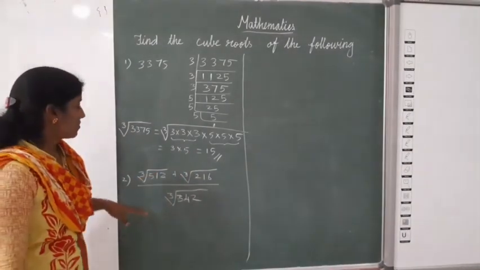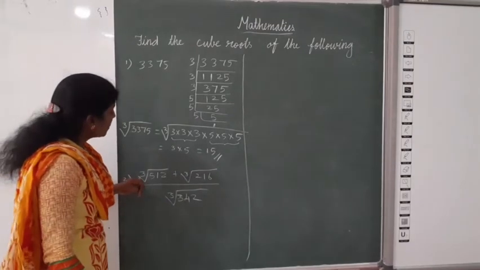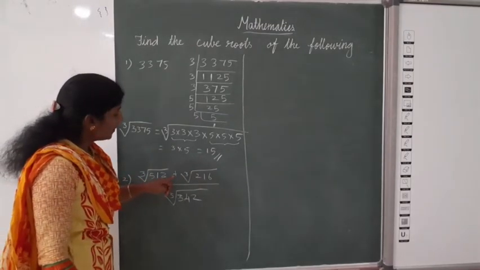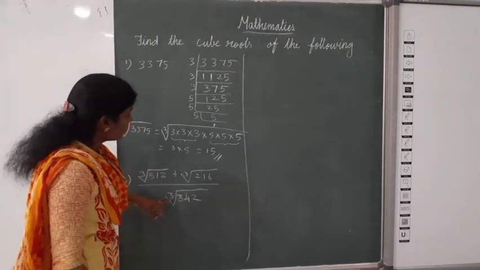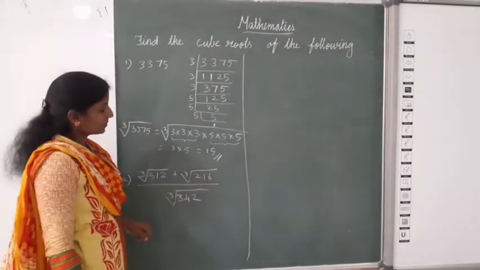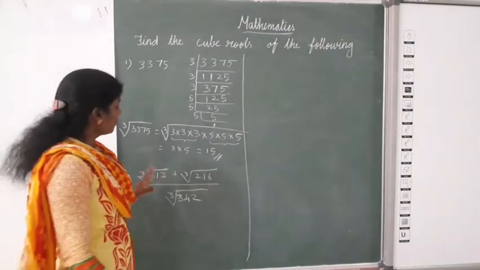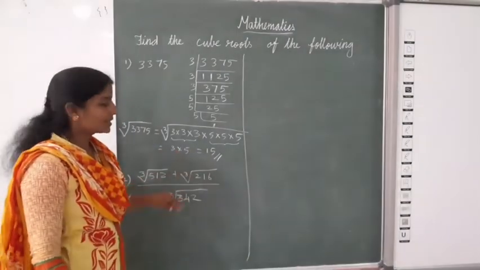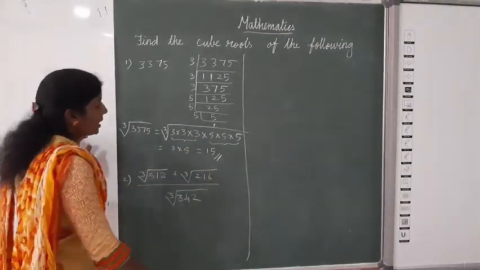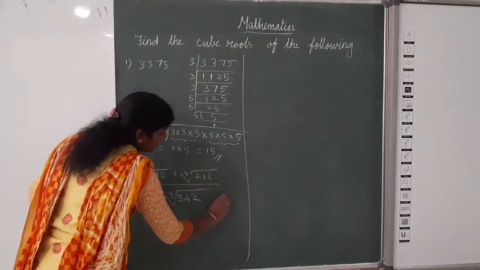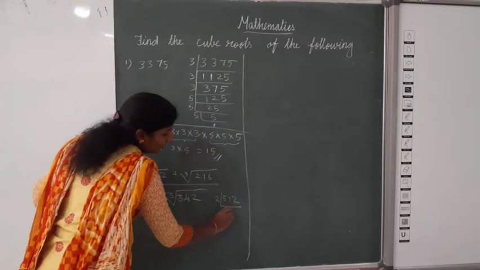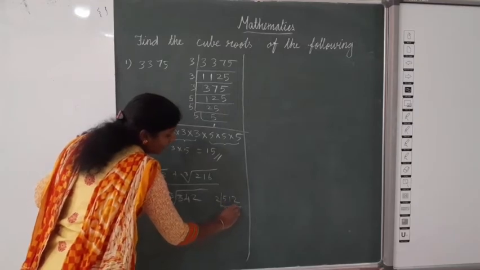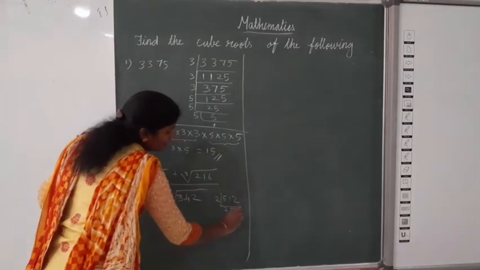Okay, now next one: cube root of 512 plus cube root of 216 divided by cube root of 342. Now we can find all prime factors of these 3 numbers. Now here 512. 512 means 2 table. 2 2s are 4, 5 2s are 10, 6 2s are 12.